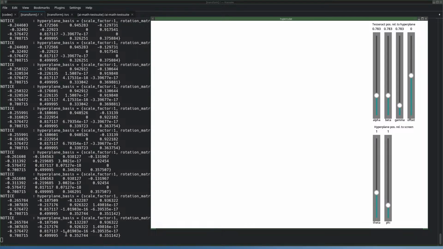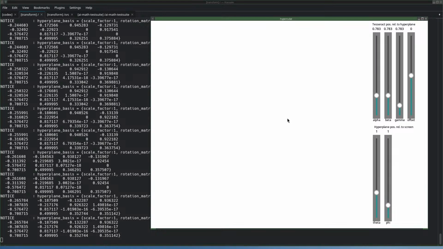Maybe we should print the hyperplane normal, so at least you can see that this works. Let's see, pi divided by 4, that's wrong, I meant 2 pi divided by 4. Because a quarter, of course, it's a half pi, times 2.